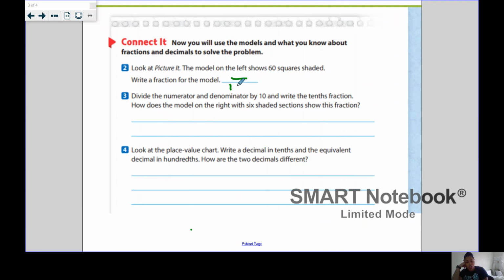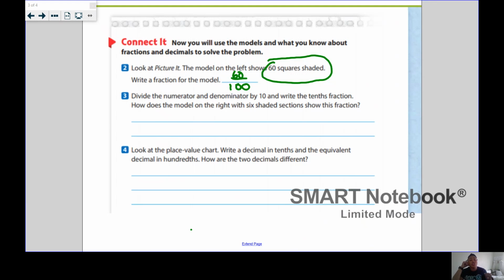So you should have 100 for your whole number. And how many is it out of? How many parts do we have? We should have 60, right? Because it says the model on the left shows 60 squares are shaded. So again, it was out of 100. So our fraction is 60 out of 100.